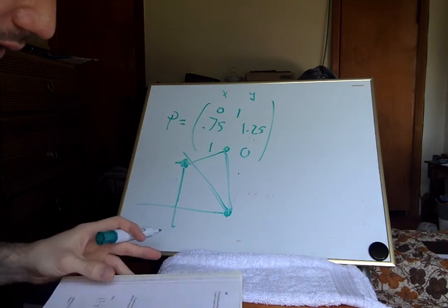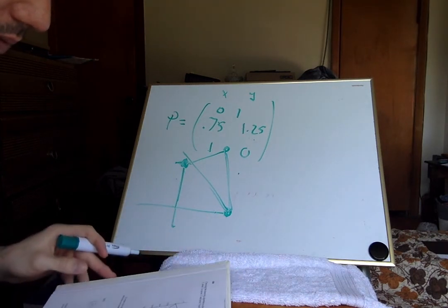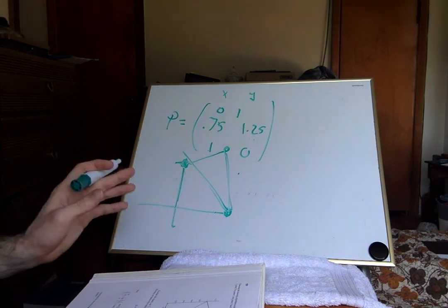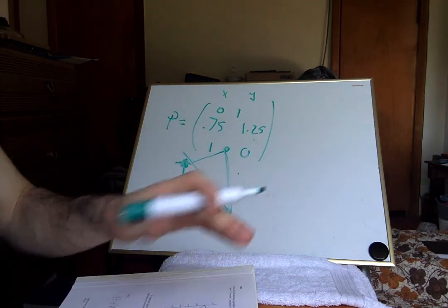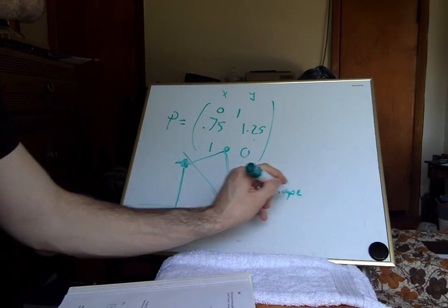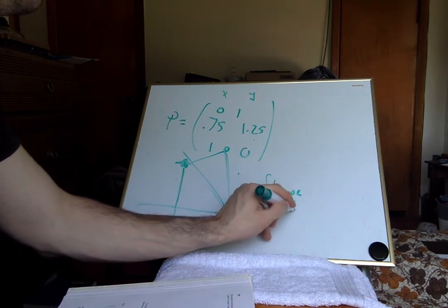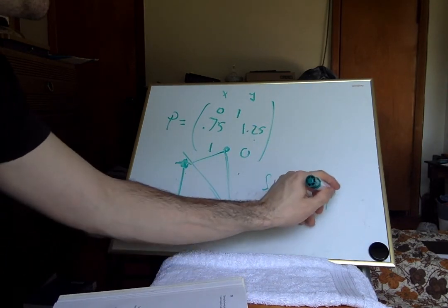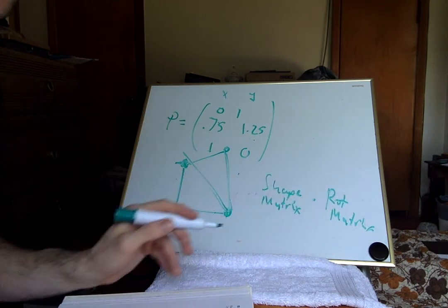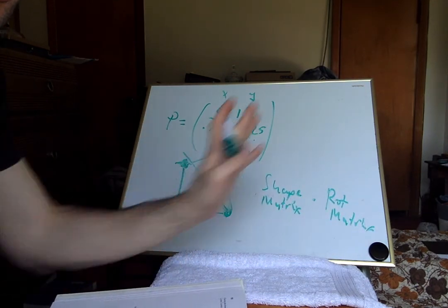Then they rotate it by pi over 6. So in general, here's what you have to do. You take your shape matrix times the rotation matrix, and the multiplication occurs on the right.